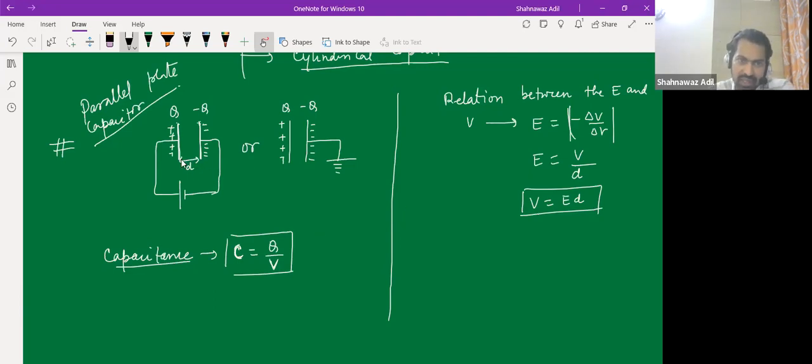The potential is the electric field times the distance, so we have to calculate the electric field in this region inside the two plates.